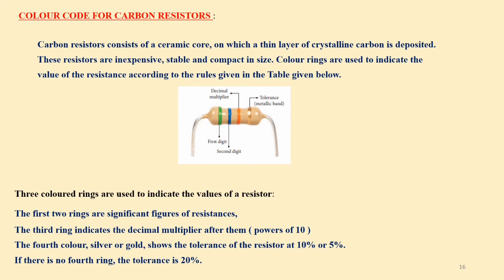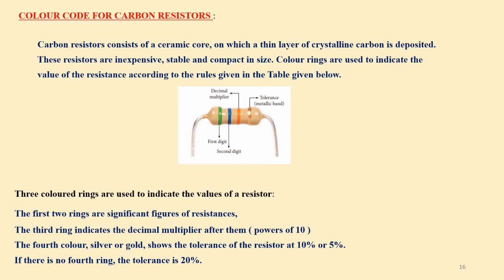Now below the diagram you see the first 3 colored rings are used to indicate the value of a resistor in ohms. The first 2 rings are significant figures of the resistance.